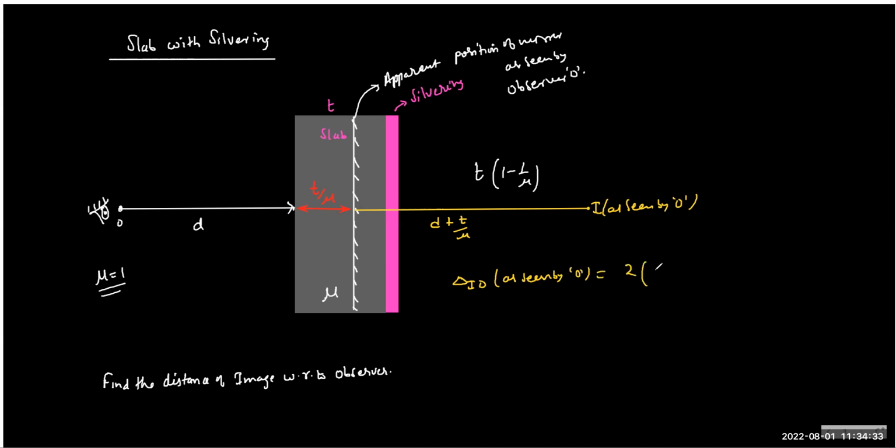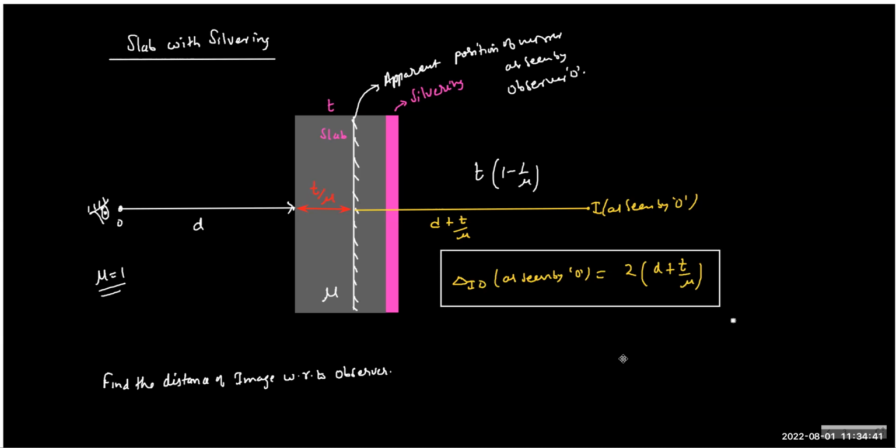Can we say it is twice of d plus t by mu? Yes, sir. So this is method one. I'll show you a few more methods. There are many methods, called the method of interfaces. So let's analyze in a different way. This is the simplest way.